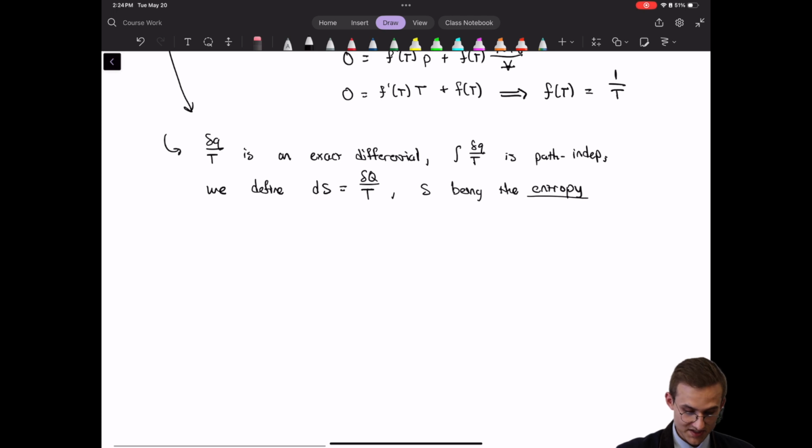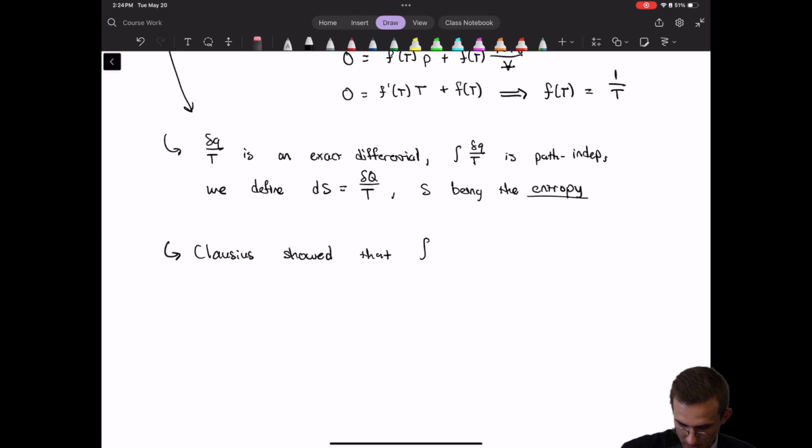Okay, so once he defined the entropy, he showed, and this is another statement of the second law, actually, and this is also known as the Clausius inequality, that on a closed integral, that's what that little circle means, so a path integral where you return to the same point, of dS for all processes is less than or equal to 0, with equality for reversible processes.